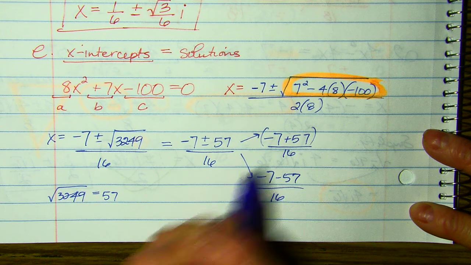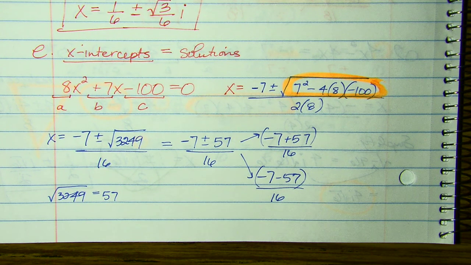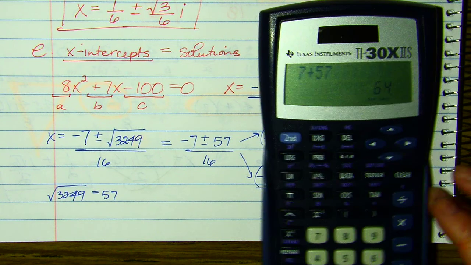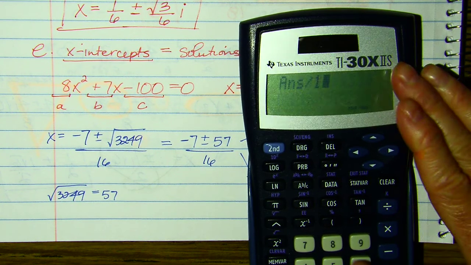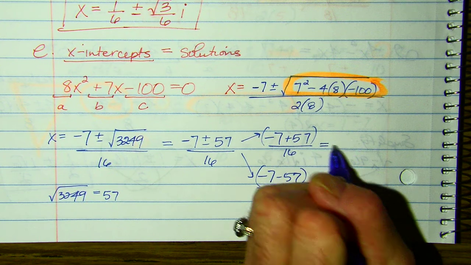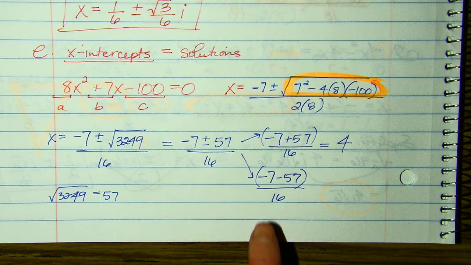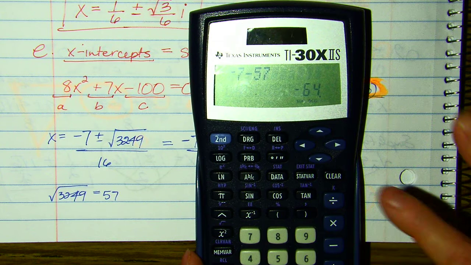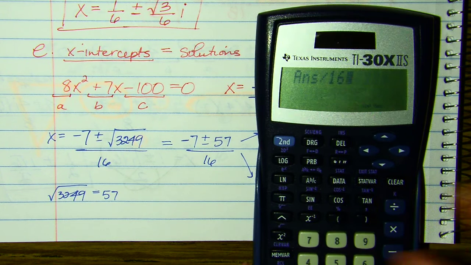So I'm going to use this in the calculator. So 7 plus 57 is 64. 64 divided by 16, this is just 4. The bottom one, -7 minus 57, hit enter, divided by 16.